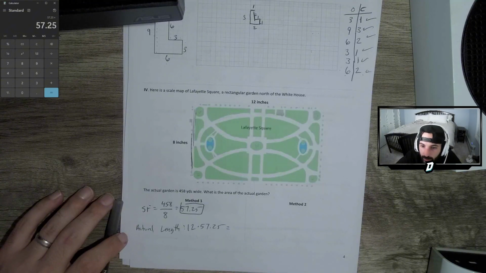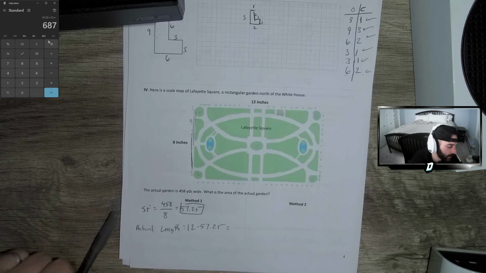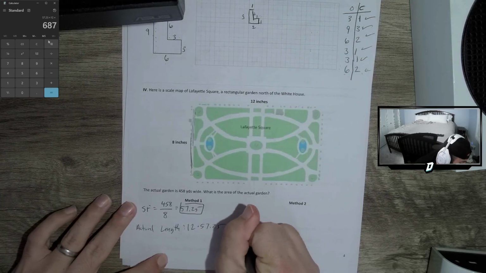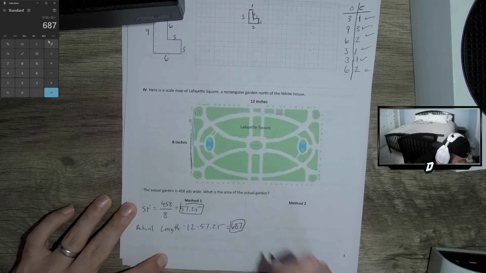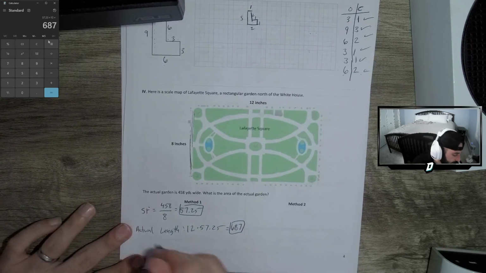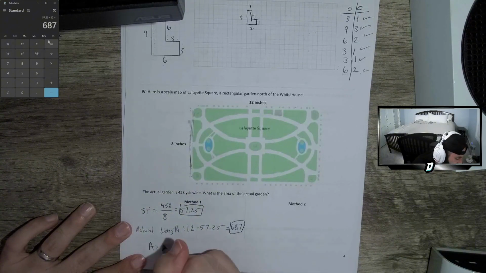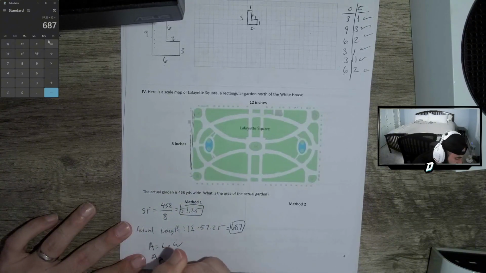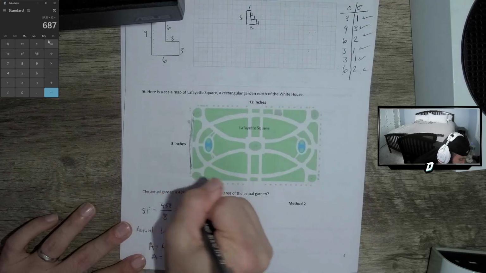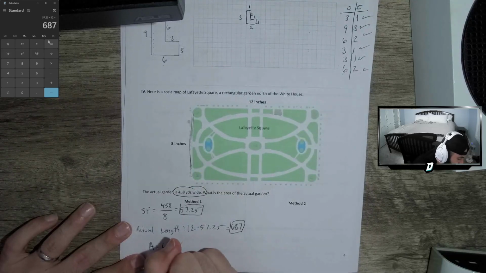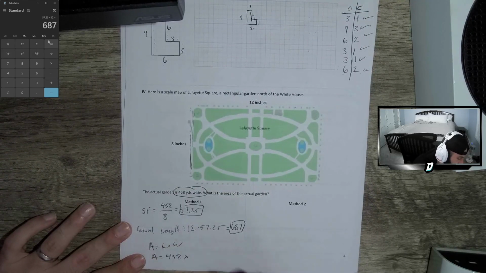We can see up here it says 57 and 25 hundredths times 12 is 687. And so this means my area can be my length times my width, which just means my width of 458 times my length of 687.